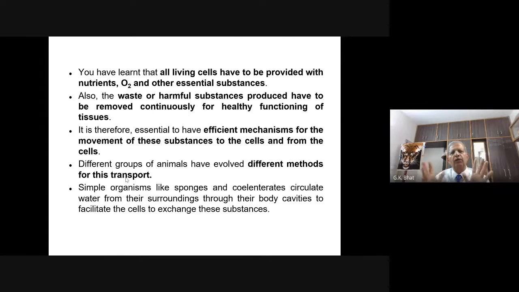So that also is passed out. In this way, substances which are essential for the animal are taken in and utilized, and whatever is unwanted is passed out from the body through the osculum.